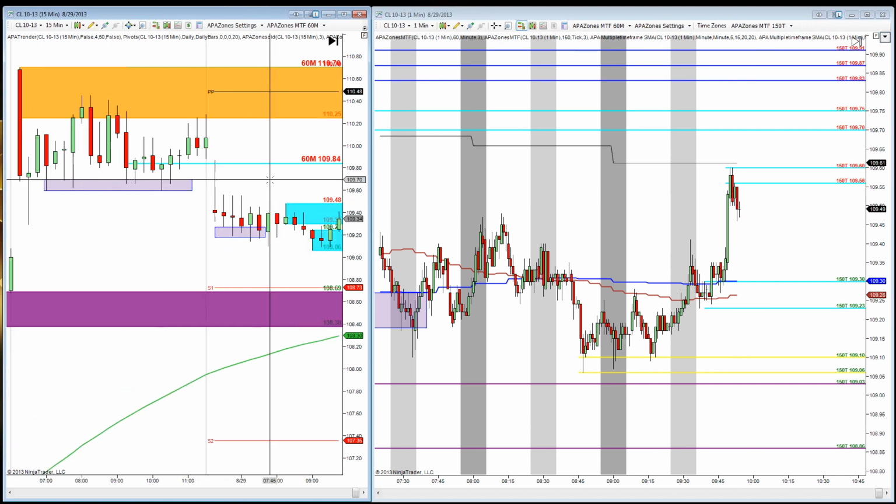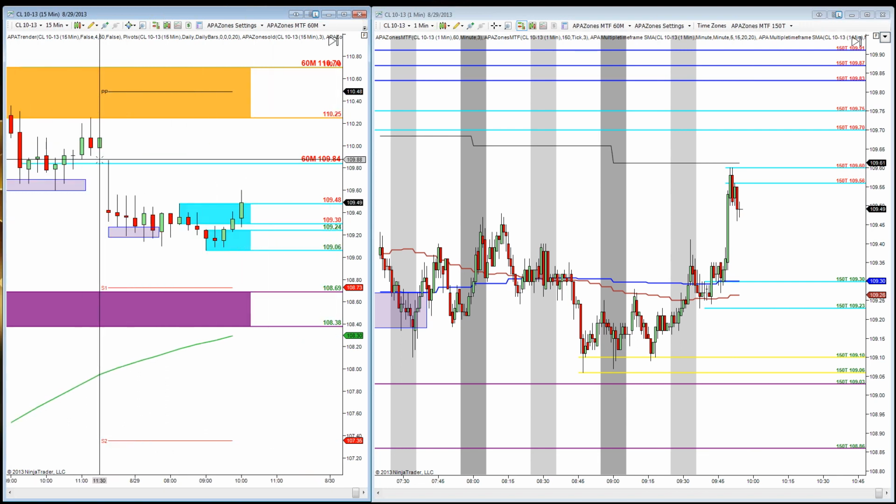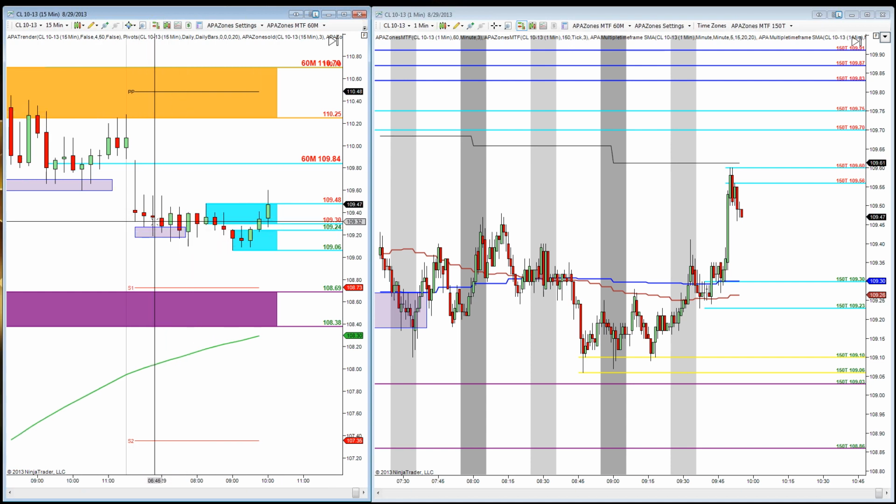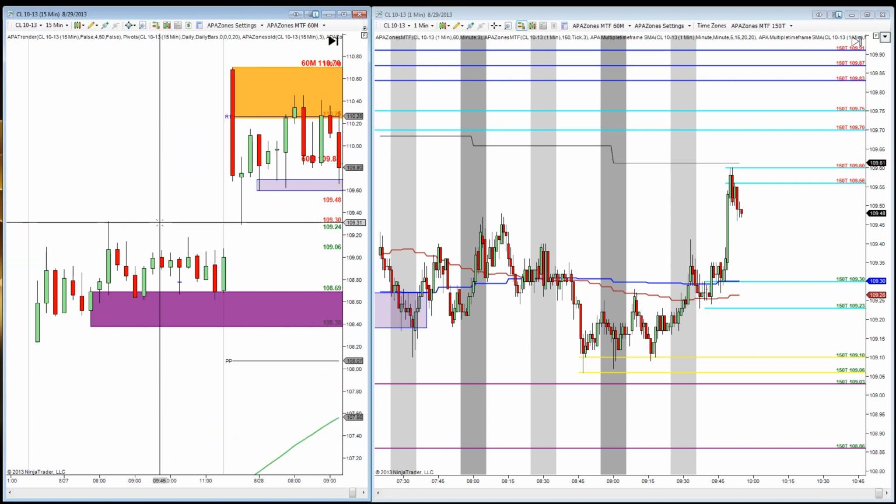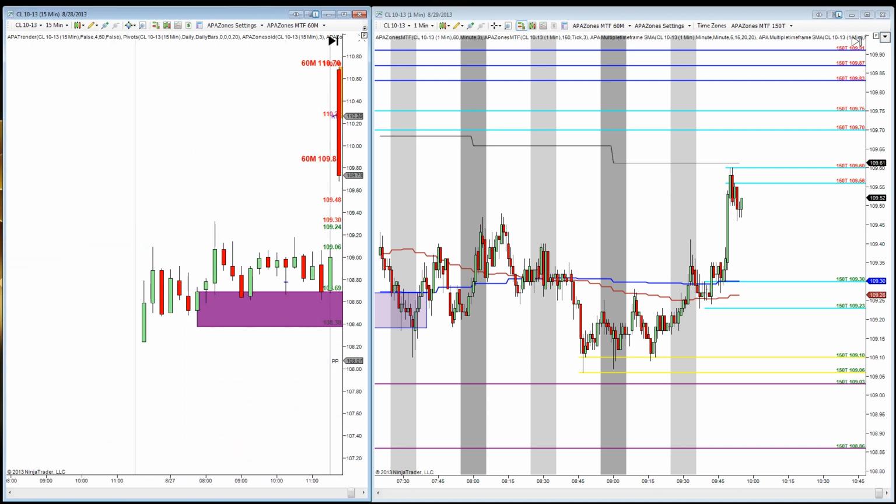All right. On crude, we did kind of have a gap closure, if you will. And then it's just been down the entire day and extremely rangy, which is not common for this market.